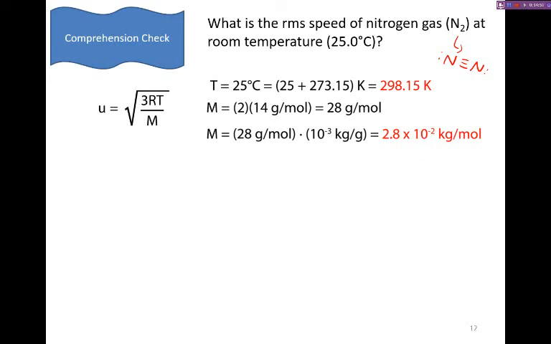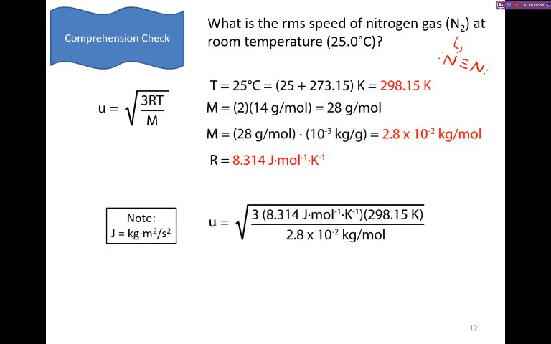And the reason for this is because of our gas constant, R. A joule is equivalent to a kilogram meter squared per second squared. So when you take a look at the units of R, we really have kilograms meter squared per second squared per mole per Kelvin.